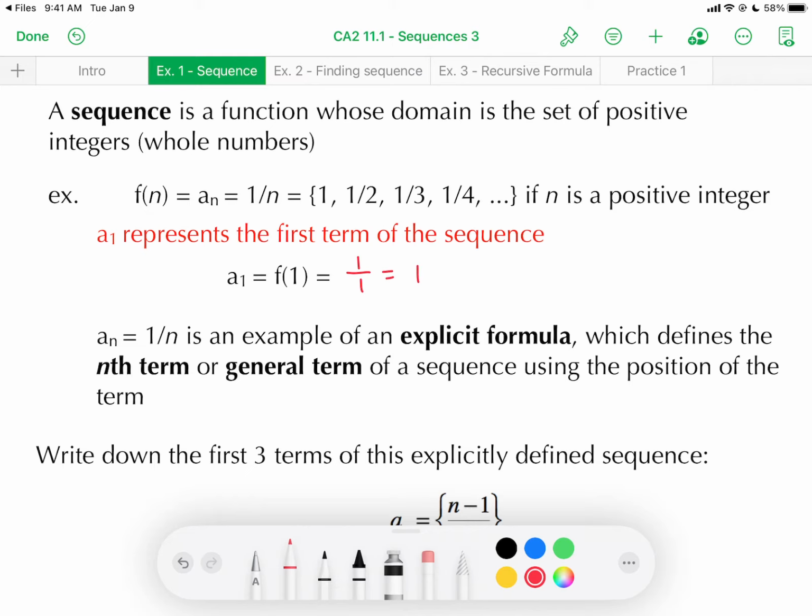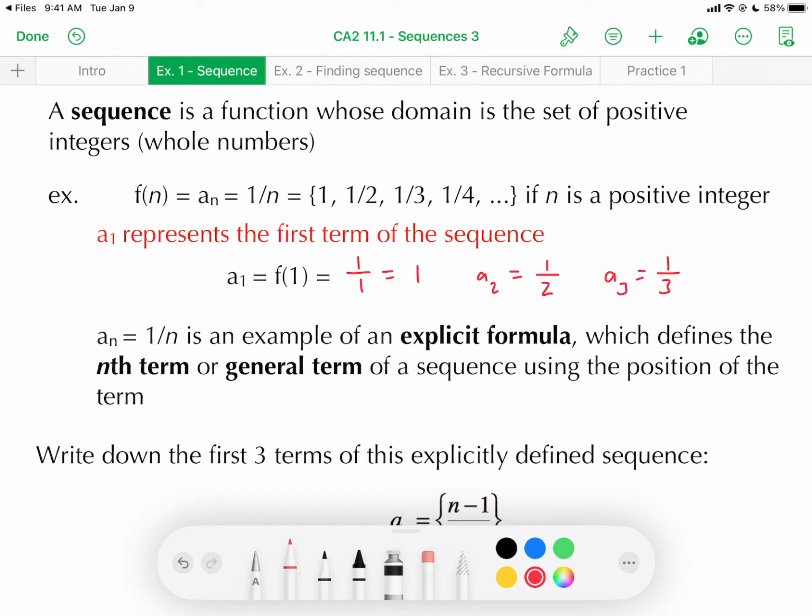Now let's say I wanted a sub 2. This would be the second term of the sequence, where n is 2. So the formula would yield 1 half. A sub 3, where n is 3, would yield 1/3. And I could continue this process with any value of n that I want.